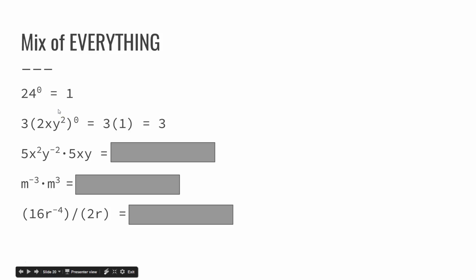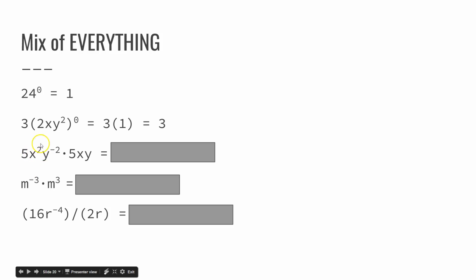In our third example, we've got a multiplication process. So we can do 5 times 5, which you could say is 5 squared because we have like bases. If you write this as 25, I will accept that as well. Then we have x squared times x. So think, how many x's do we have in total here?